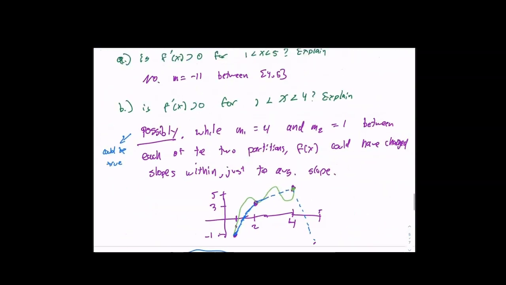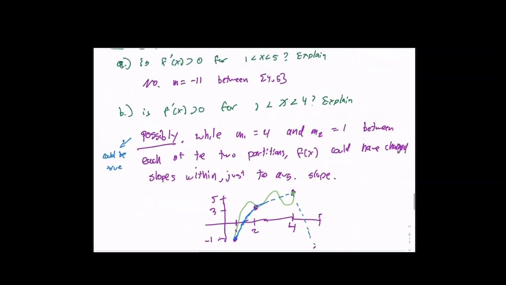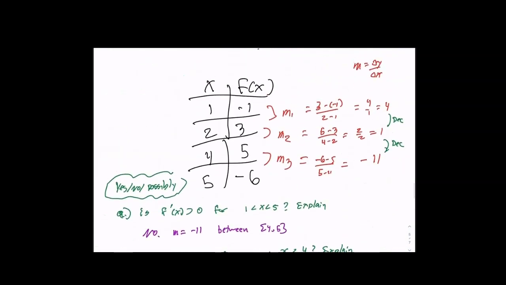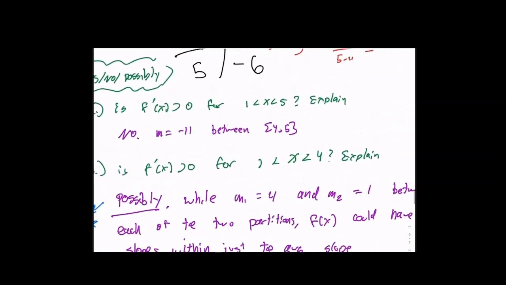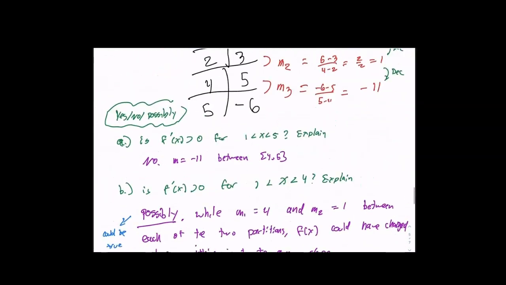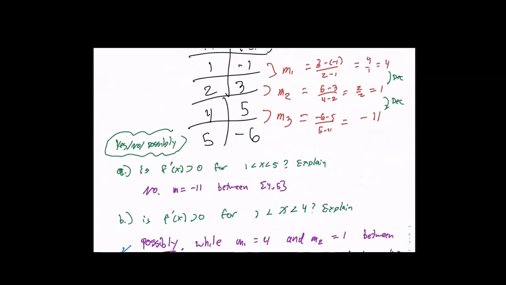Same thing here. Are the slopes positive between 1 and 4? The first two slopes are positive, so it could be true. However, for question A, when we're looking at the slopes from 1 to 5, it can't be true. Could f prime be positive between the intervals 1 to 5? The answer is no, because something broke it.